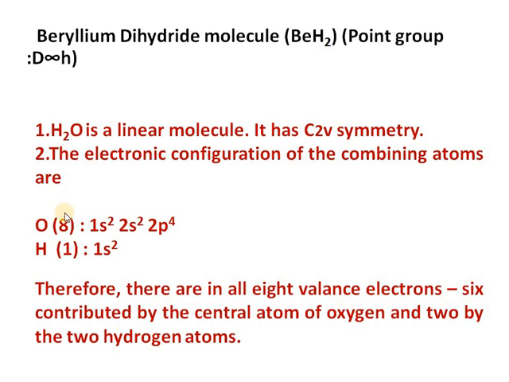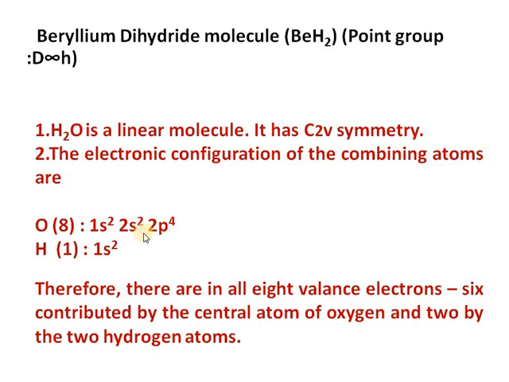Oxygen has 8 electrons, hydrogen has 1 electron. These 8 electrons can be distributed as 1s2, 2s2 and 2p4, and each hydrogen has a single electron, but there are 2 hydrogens in water, therefore the electronic configuration is 1s2. The 1s electrons of oxygen cannot take part in bonding molecular orbitals.